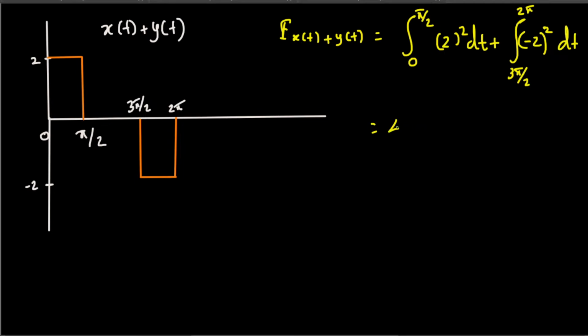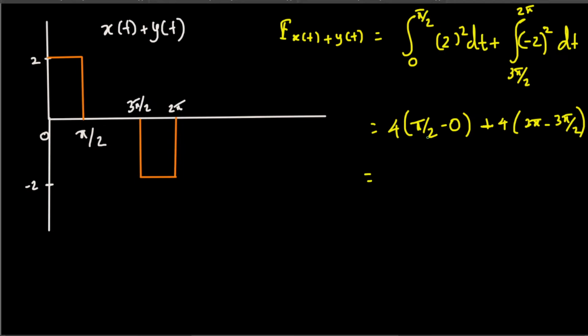And 2 squared is 4, and then the upper limit is π/2 minus 0, and then plus -2 squared, also 4, and here the upper limit is 2π minus the lower limit 3π/2.